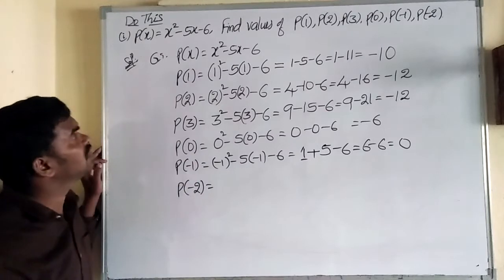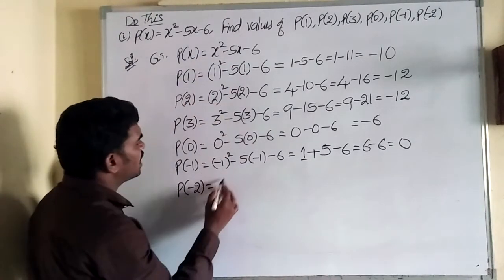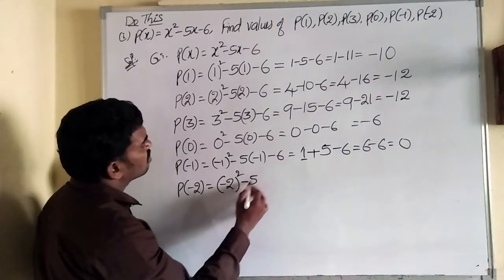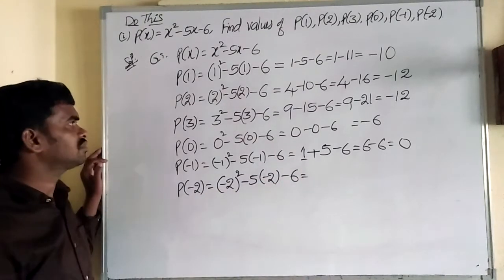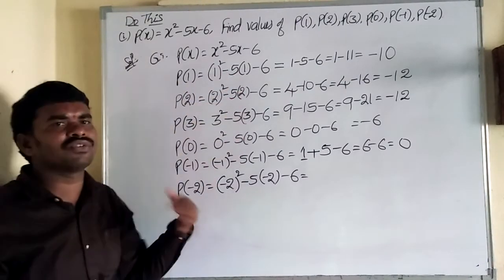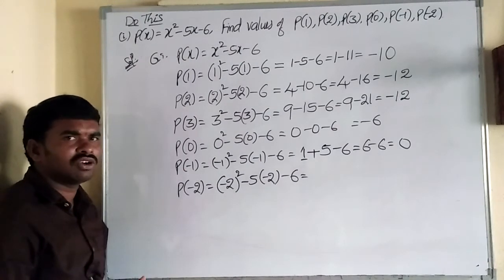Next, similarly, P of minus 2. Substitute minus 2 in place of x. So x square means minus 2 square, next minus 5 into minus 2, minus 6. If you understood one thing, you can write the remaining all in your own way. Any doubt?